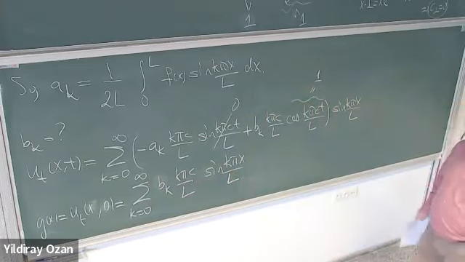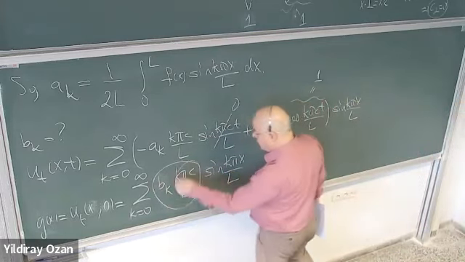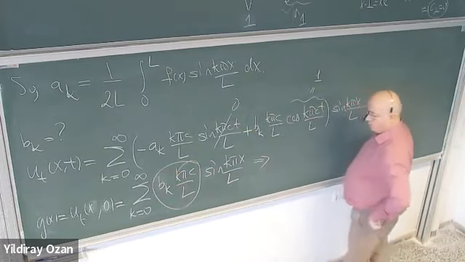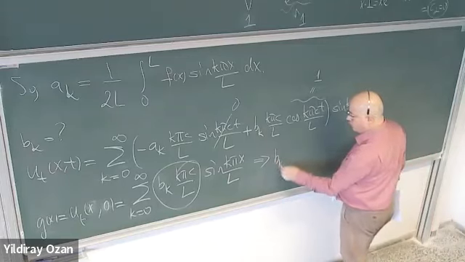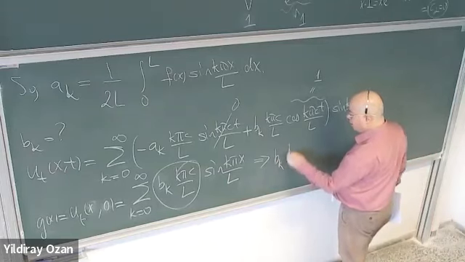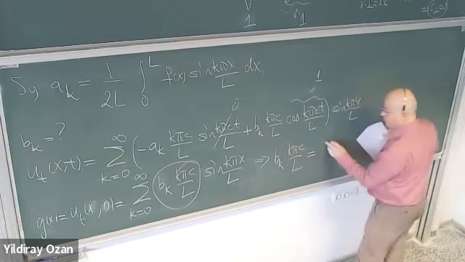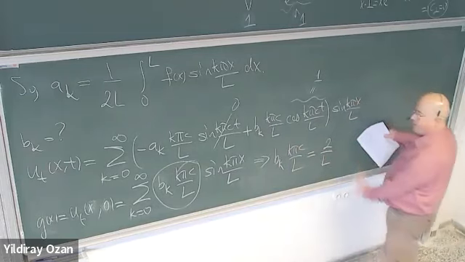All right, so then what are the Fourier coefficients? This coefficient, B_K times K pi C over L, is again 2 over L.